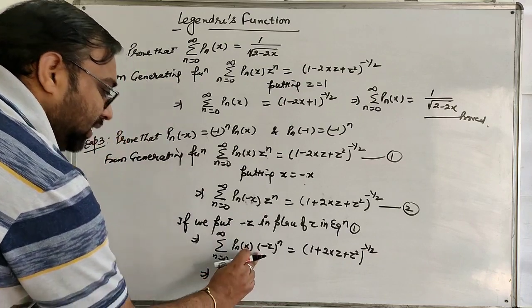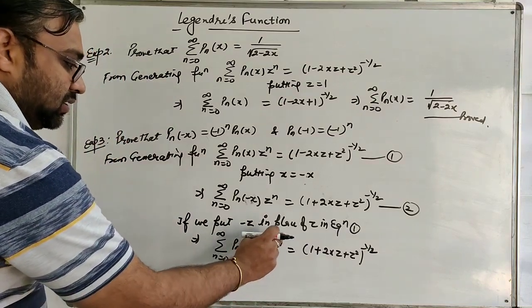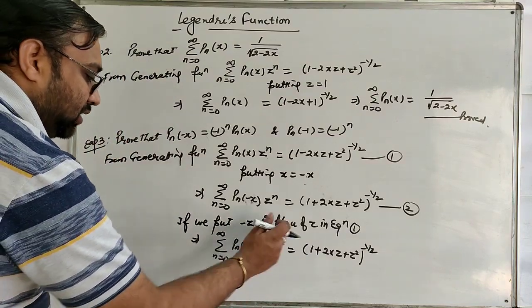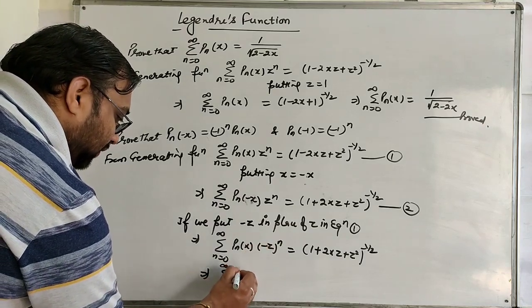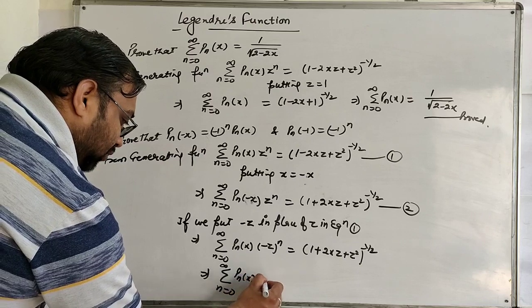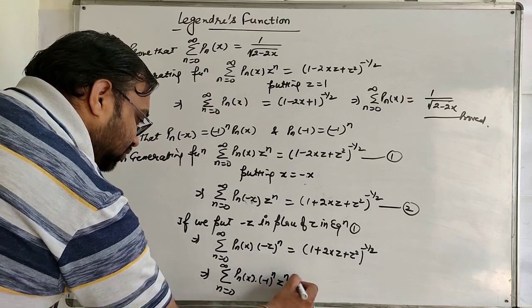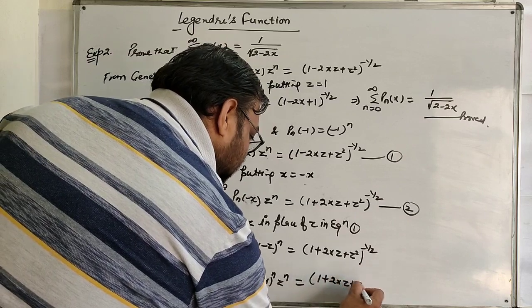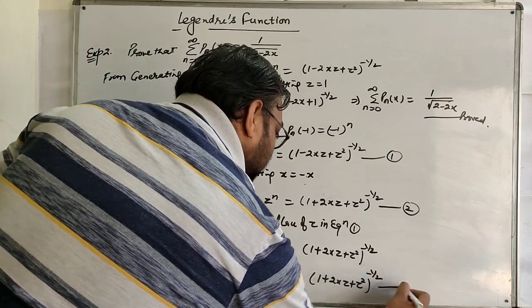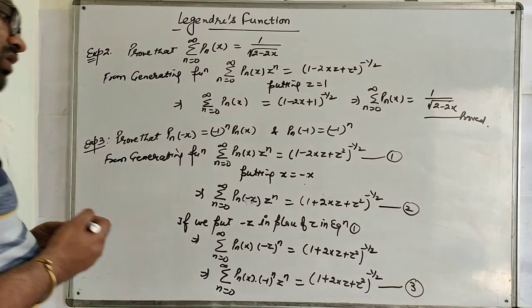Or minus z power n means (minus 1) raised to power n into z raised to power n, that is sigma n equals 0 to infinity Pn(x) into (minus 1) power n z raised to power n is equal to (1 + 2xz + z square) power minus 1 by 2. This is equation number 3.